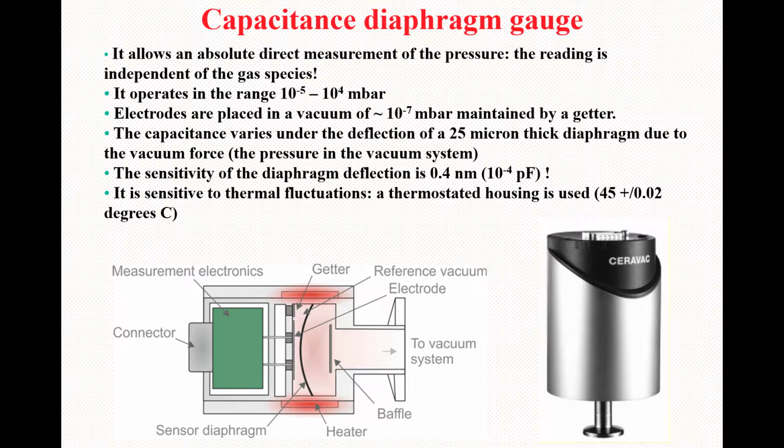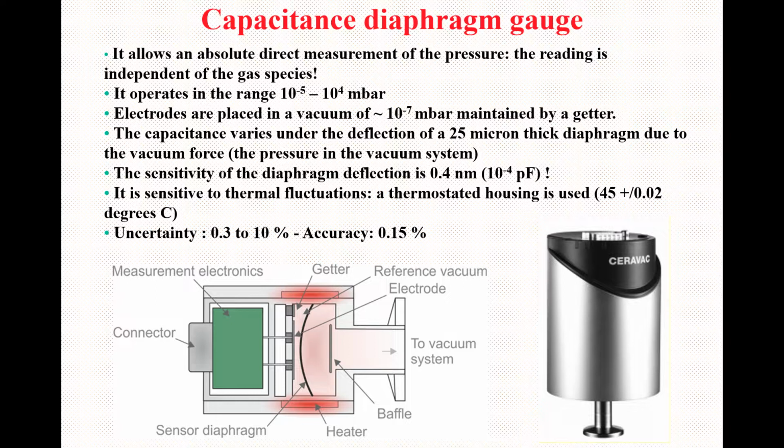Let me repeat it again. This kind of gauge is sensitive to thermal fluctuations, so a thermostated housing is used at a temperature around 45 degrees centigrade.